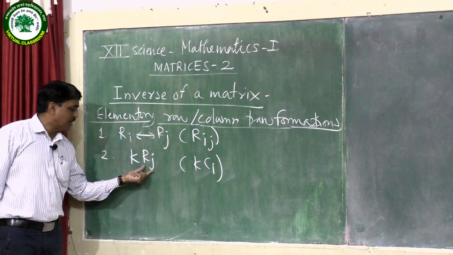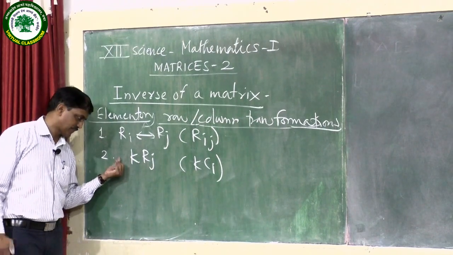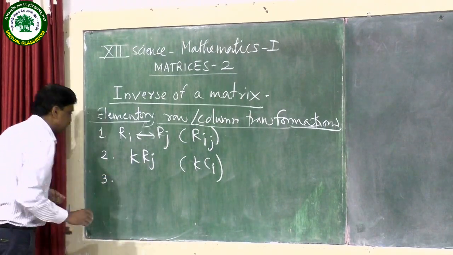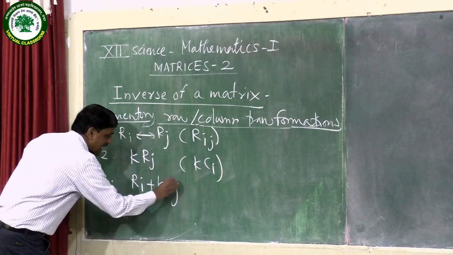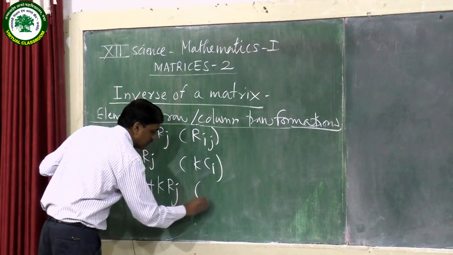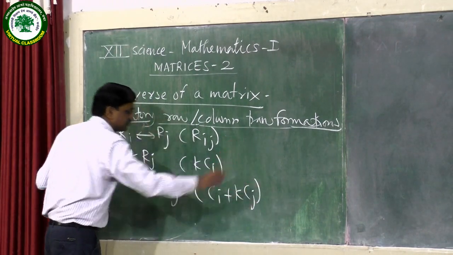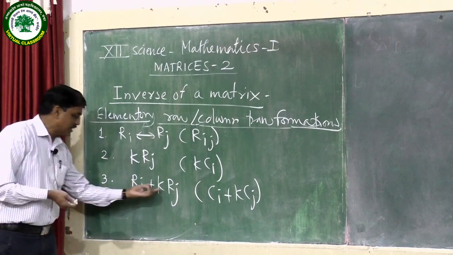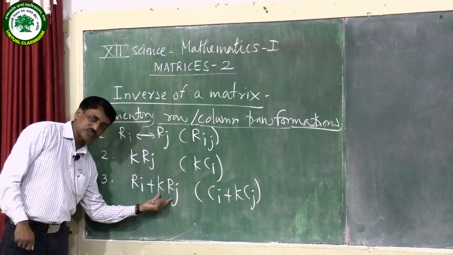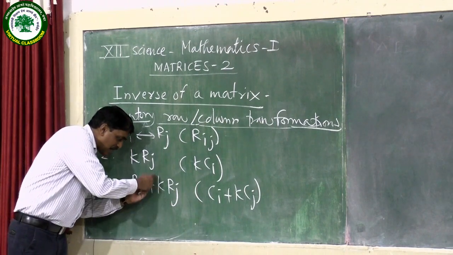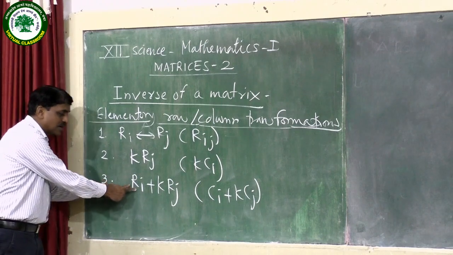It means we can multiply all the elements of jth row by a non-zero scalar K. Third, Ri plus K Rj, or in terms of columns it is Ci plus K Cj. What does it mean? We can multiply all the elements of jth row by a non-zero scalar K, and we can add these multiples to the corresponding elements of the ith row.